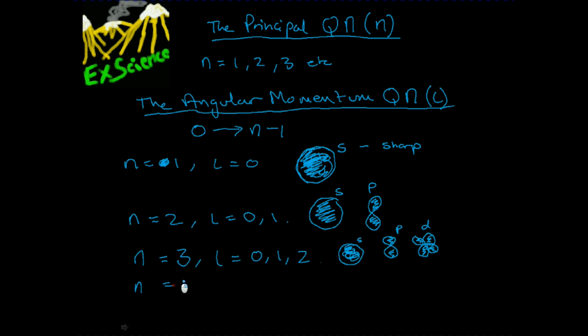When n equals 4, L can equal 0, 1, 2, and 3, since 4 minus 1 is 3, which gives rise to s, p, d, and then it gets very complicated, an f.